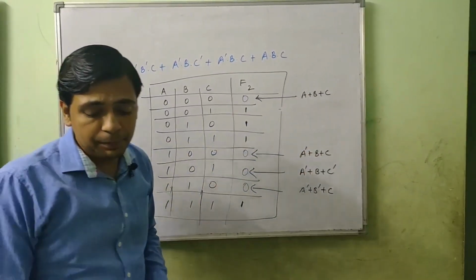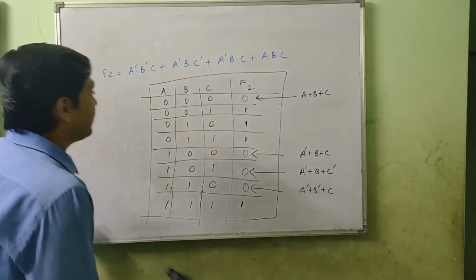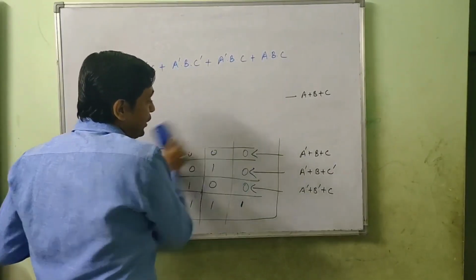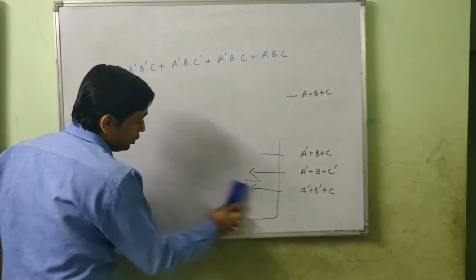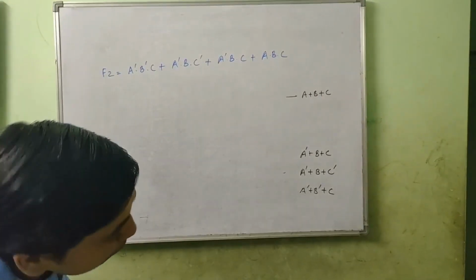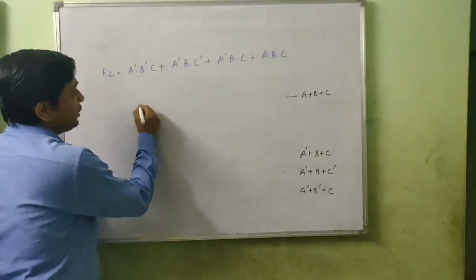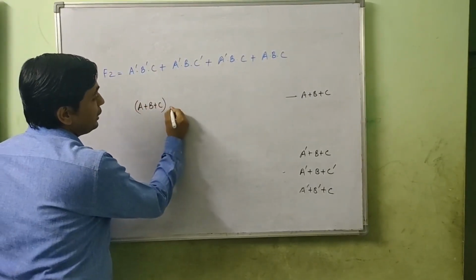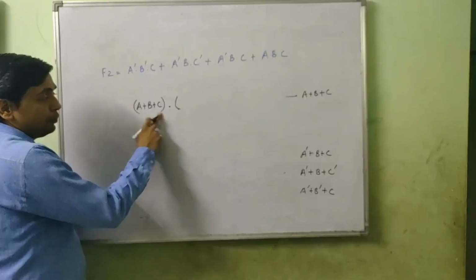Once you have done this much, you will get all your max terms. Now all you need to do is note them down and provide a product between the sums.